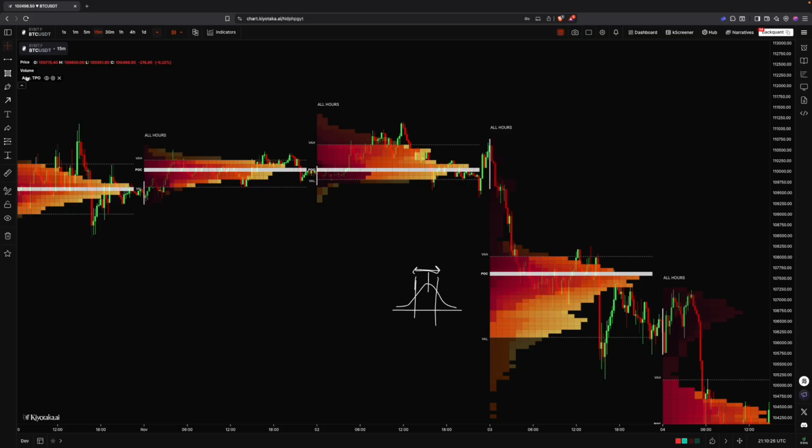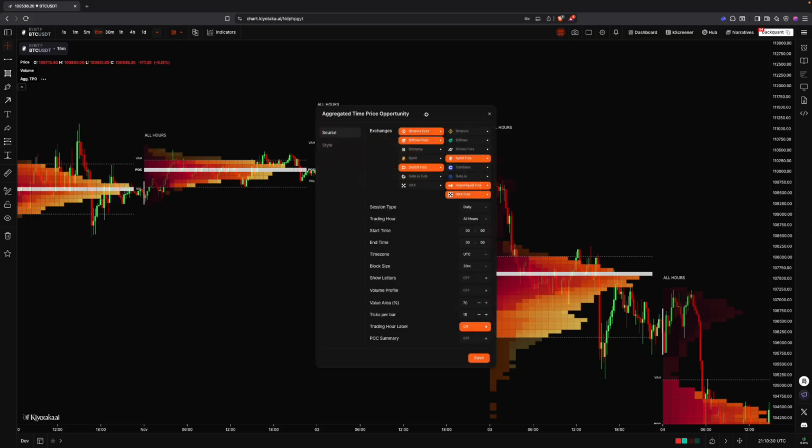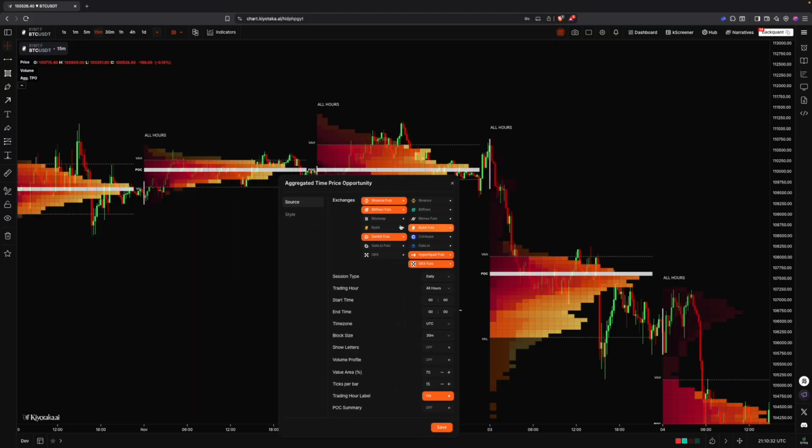So to open up the settings, you can hit your aggregated TPO badge or just click on the gear here. And at the top, you'll see your exchange options, right? Why this tool is so powerful is because it allows you to aggregate data from multiple exchanges.